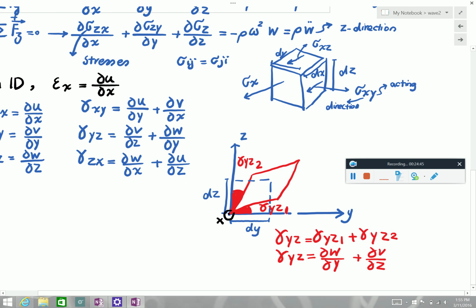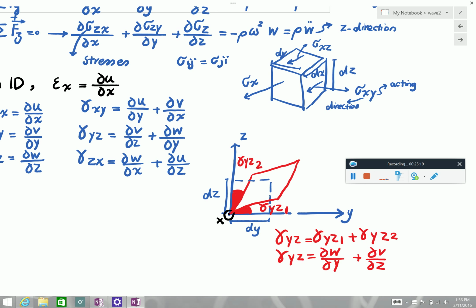So if I ask you how much it is rotated, what would be the answer? So let me rephrase my question. If gamma yz 1 and 2 are equal, there is shear, but there is no rotation really, right? It's not rotating. But if one is bigger than the other one, this is actually rotating.